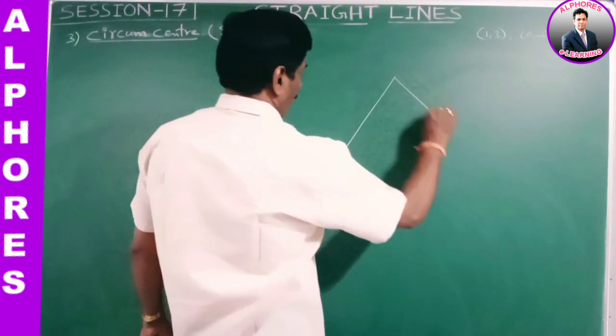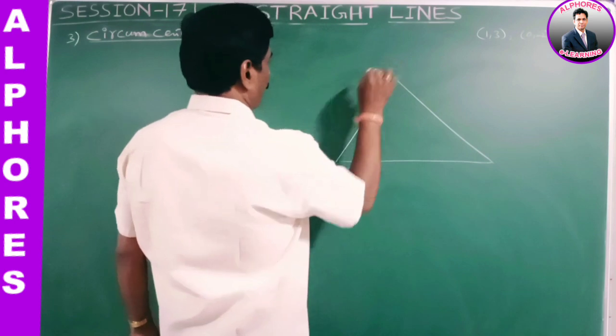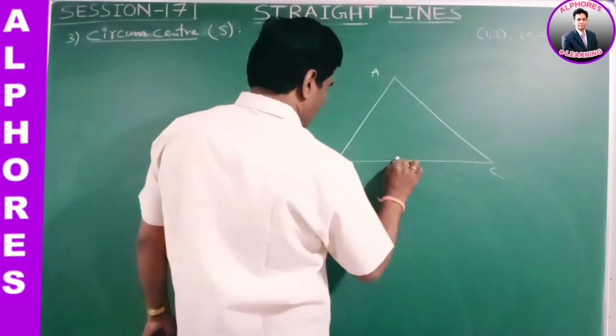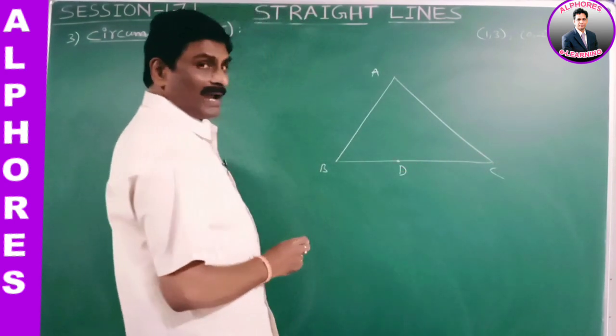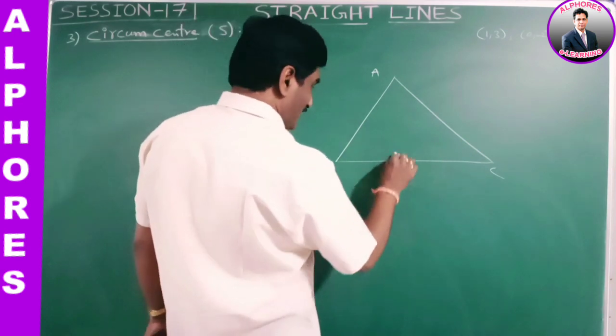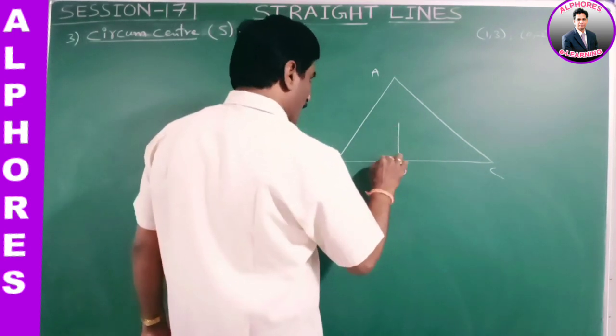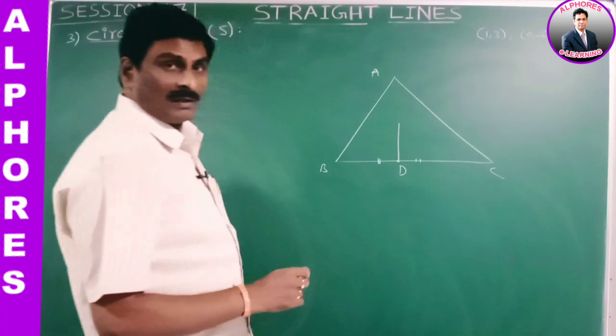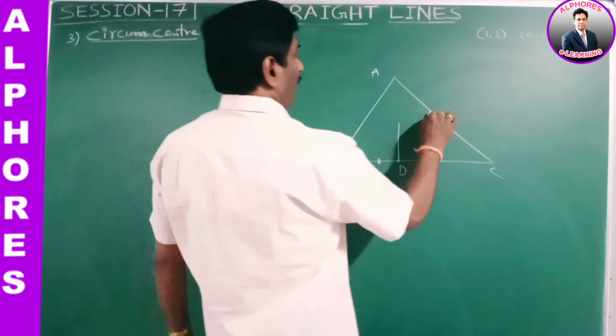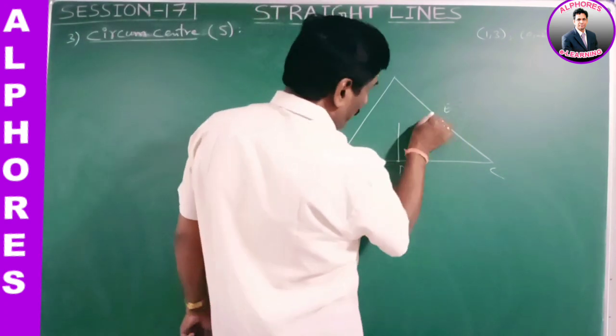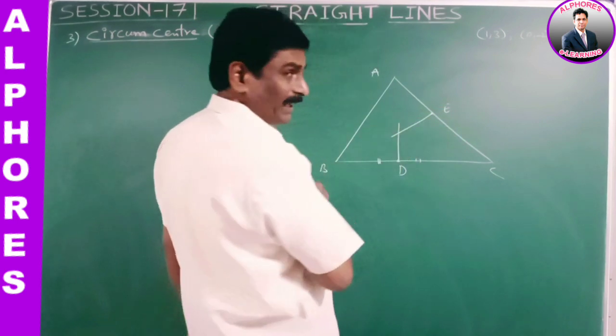Suppose it is the triangle ABC. Say D is the midpoint of BC, and the line perpendicular to BC and passing through this D is said to be the perpendicular bisector. Next, E be the midpoint of AC, and the line perpendicular to AC is the perpendicular line.